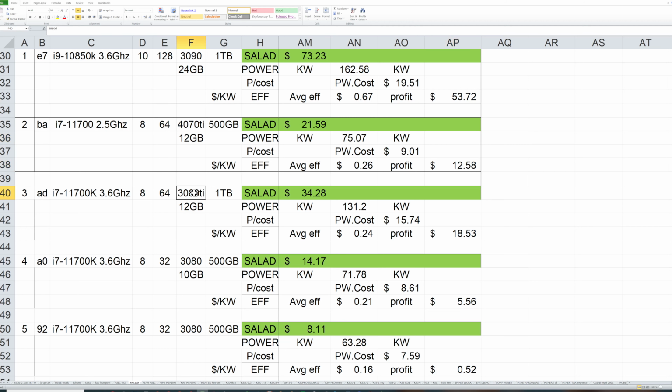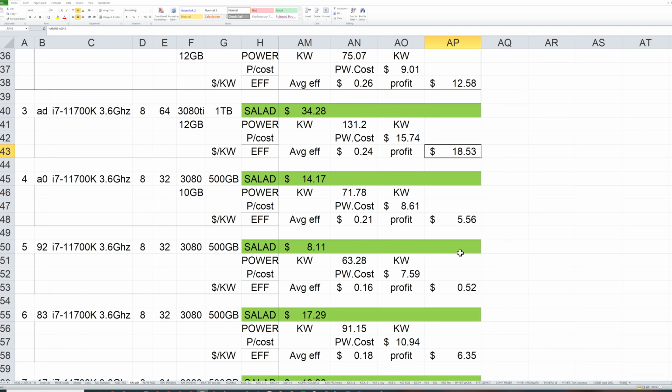All right, so the 3080 Ti made $34 for the last 30 days, and 18.53 is my profit. Now let's go to the 3080s. 3080s are all over the place. My major issue probably was that some of them were not running all the time.